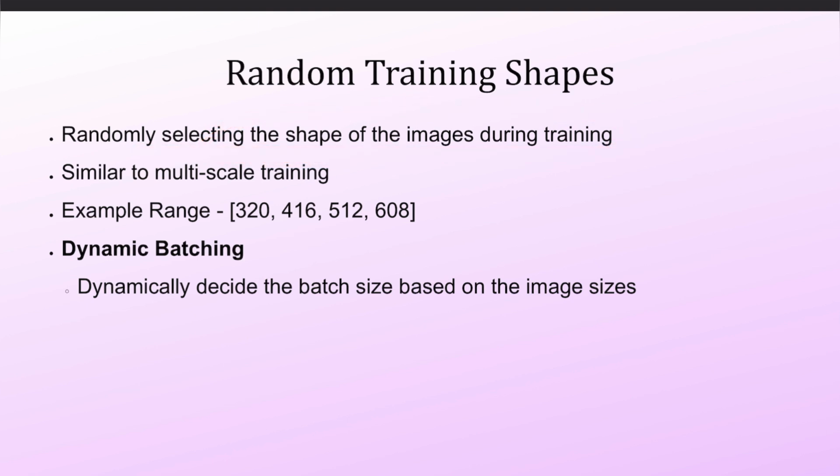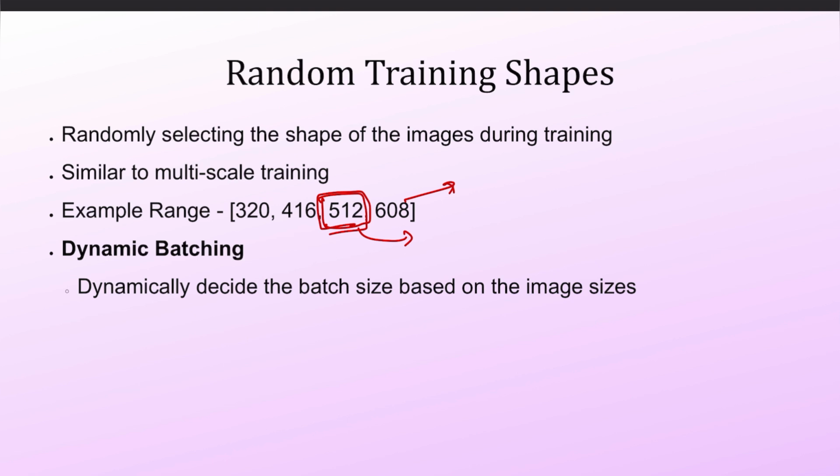That means during the training process, for every batch, you load a few images and you select one of the provided shapes as your final shape and you resize all the images to that particular shape. Suppose in this example, I selected 512 as my batch shape. So I will resize all the images for that batch into 512 and then I will use that for the training. In the next batch, I might consider 608 and I will resize all the images to 608.